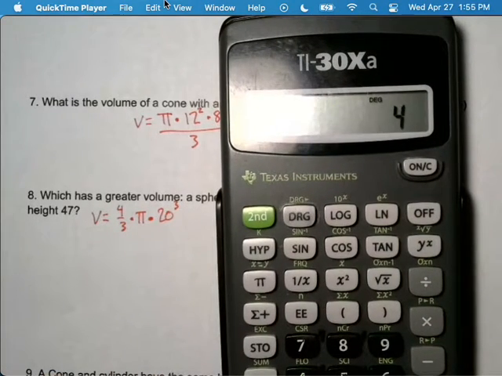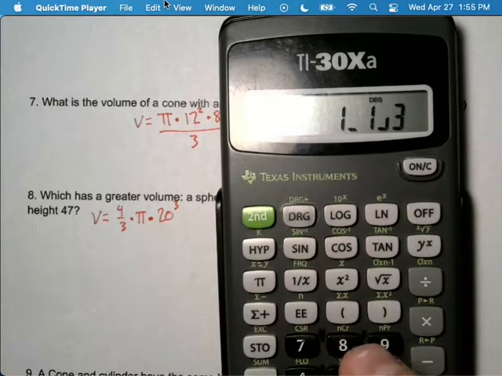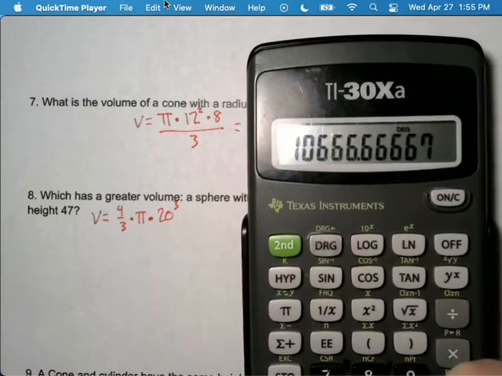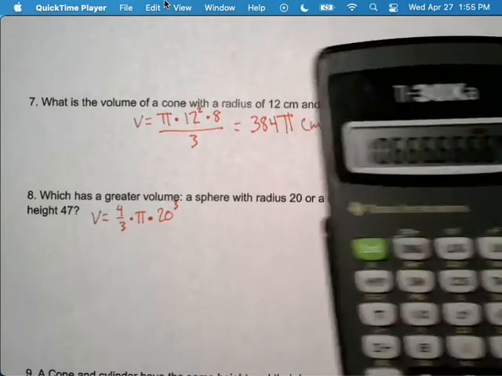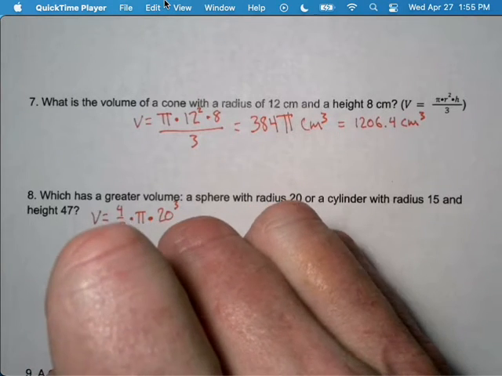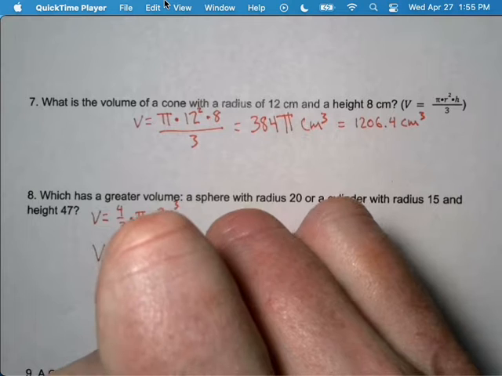So 4/3 times 20 cubed, that's 10,666.7 pi. So the volume is 10,666.7 pi.